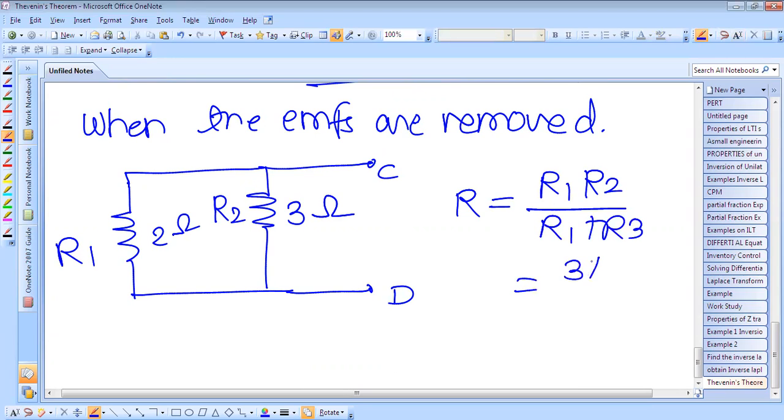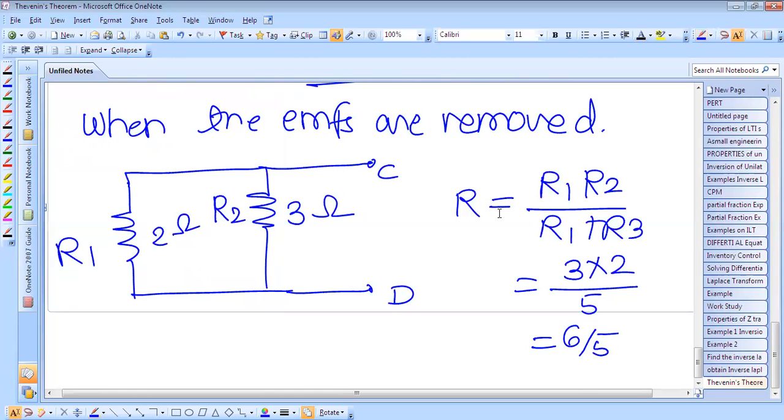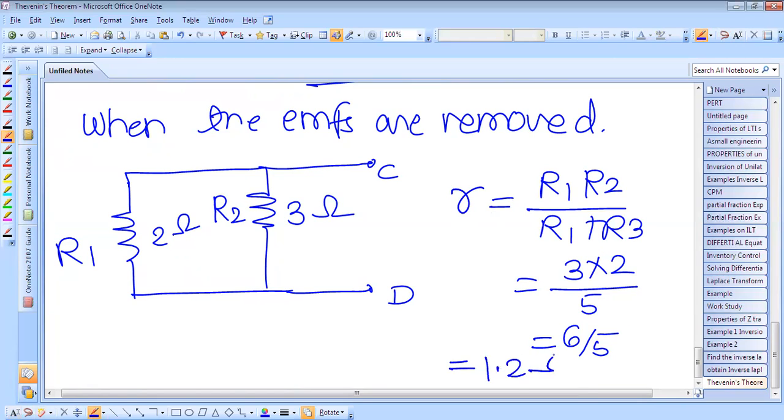This is 3 into 2 divided by 5, so 6 by 5. So this is actually the total resistance of the circuit measured from C and D. We denote it by small r. So small r is equal to 6 by 5, which comes to 1.2 ohm.